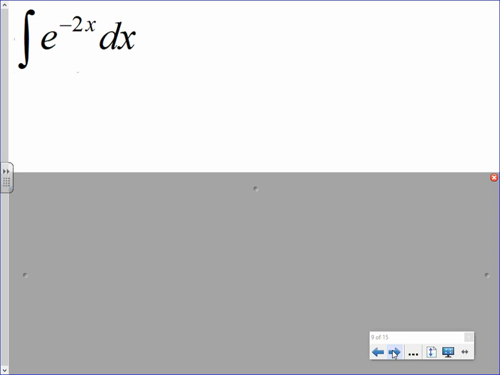Might as well just say copy paste. Yeah, it's our copy paste rule, right? So the derivative of e to the x is e to the x, so we copy paste. But since we have that negative 2 inside, we would have to multiply by the reciprocal to account for the chain rule if we were to go backwards.